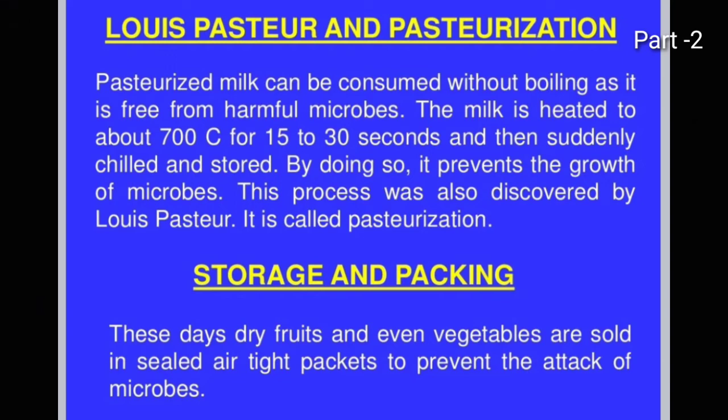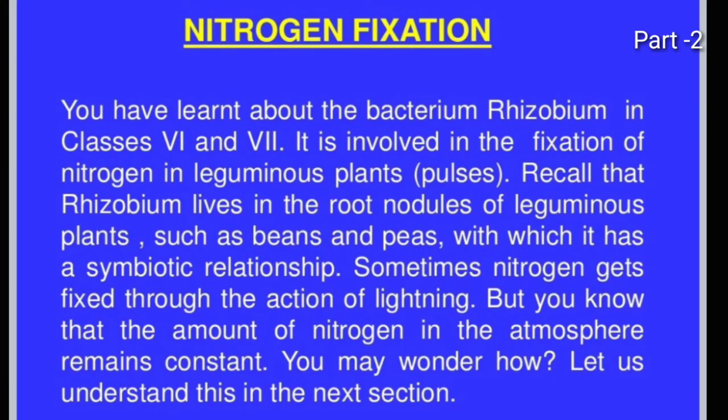Now coming to the next topic, nitrogen fixation: how nitrogen is fixed from the atmosphere, how the action of microorganisms takes place and how useful nitrogenous compounds are formed. This is the cycle which we will discuss in detail. Now you have learnt about rhizobium bacteria.